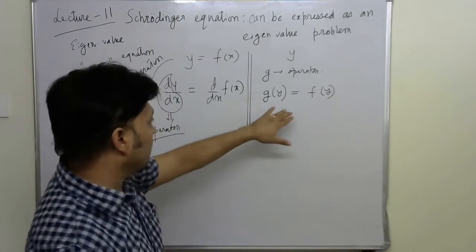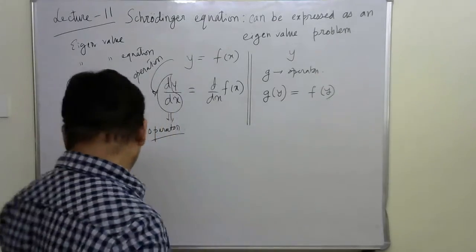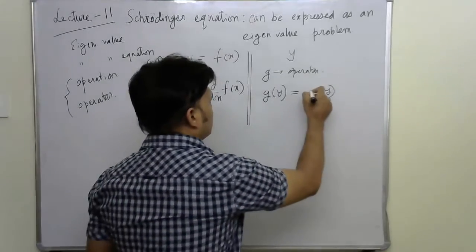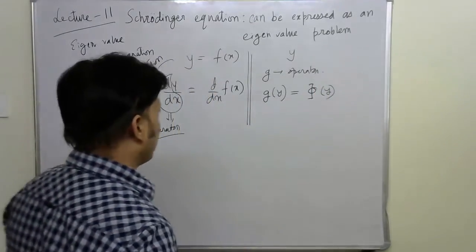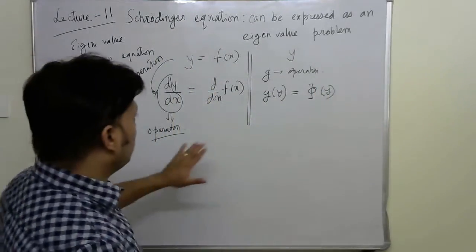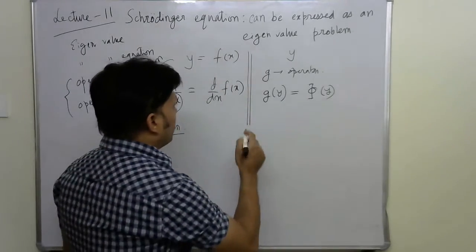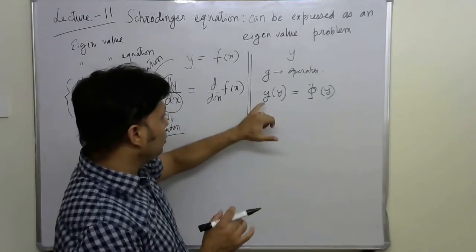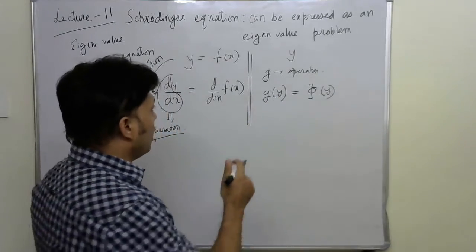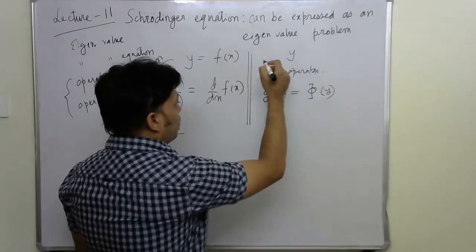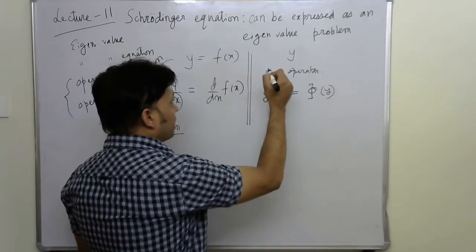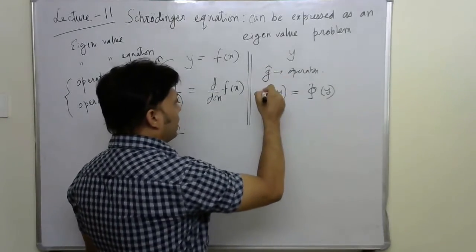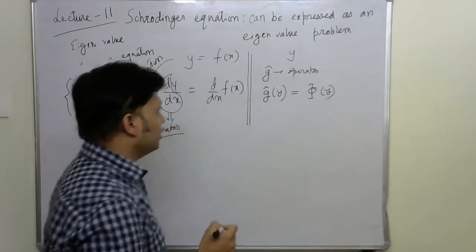Here we can take the sign f, but instead of f you can take anything else, like phi. It doesn't matter. So g is an operator. Now how to make a distinction between an operator and a function? In order to make a symbol look like an operator, we can use this sign g.